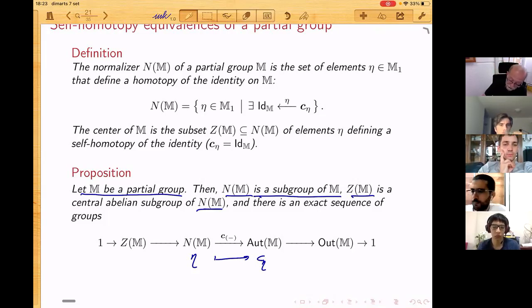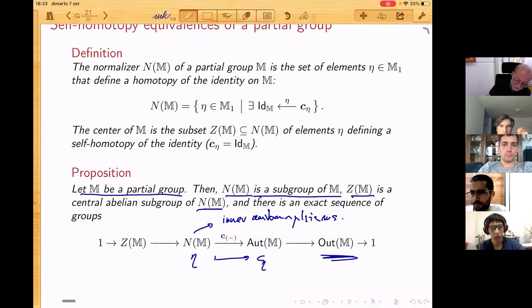And the quotient is defined to be the outer automorphisms of the partial group, right? So in some sense, these are the inner automorphisms. In the case of groups, this is the whole group, you know, right? But this is a well-defined group of outer automorphisms.